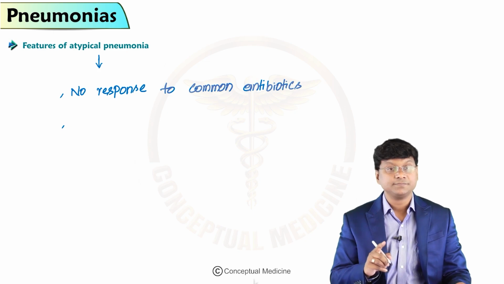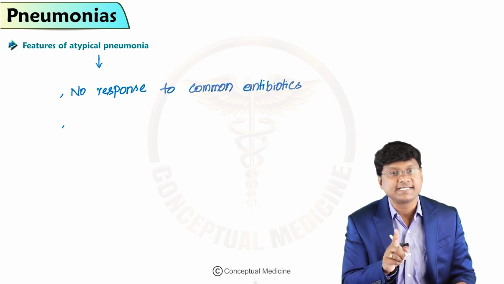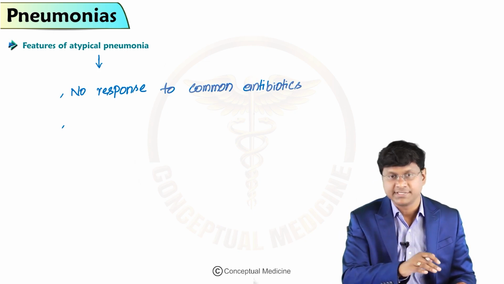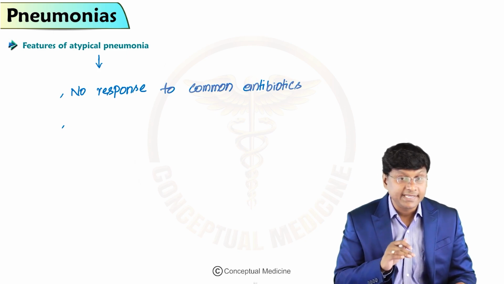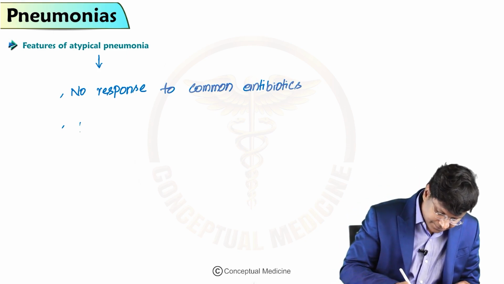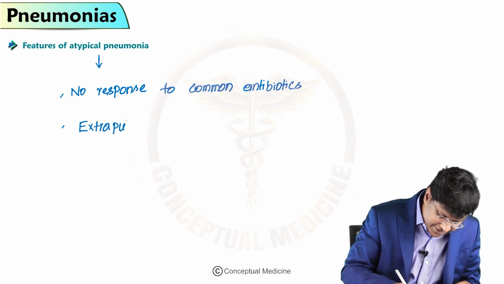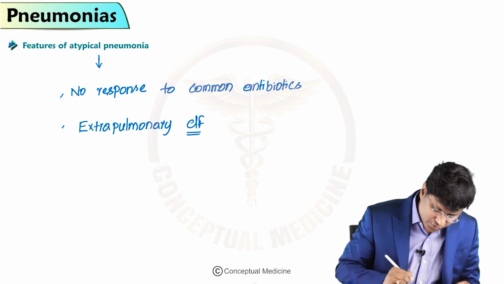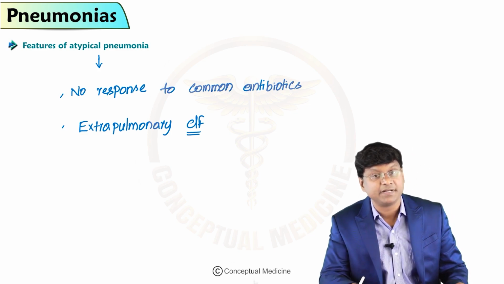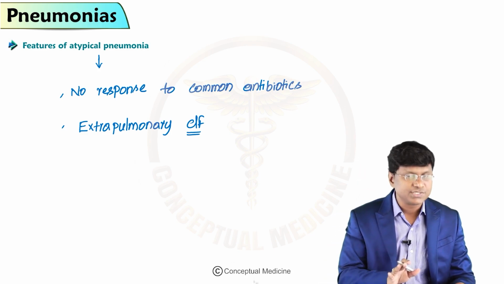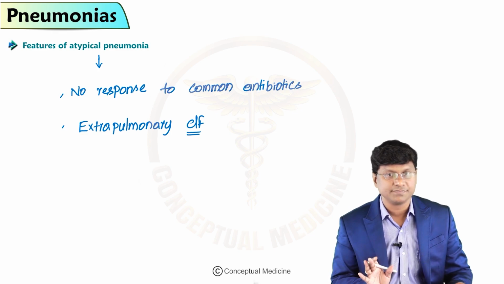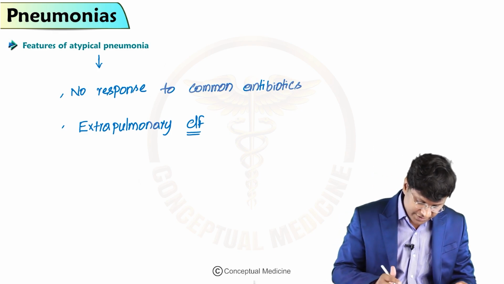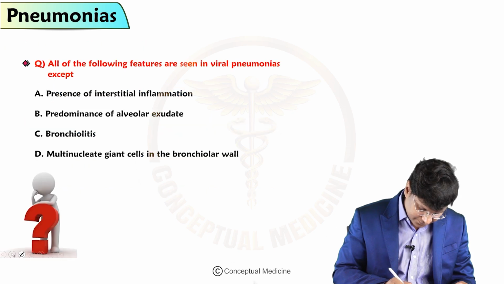Second thing is, there are no signs and symptoms of lobar consolidation that I have taught you already. And in these individuals, there is also presence of extrapulmonary symptoms, and that is related to the causative organism.